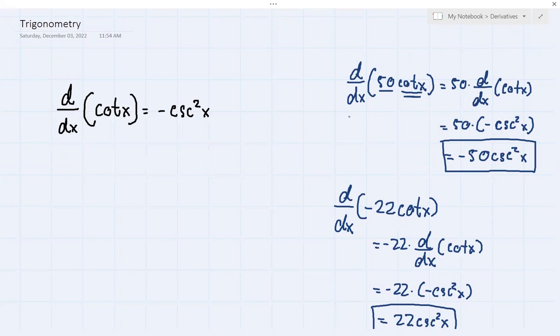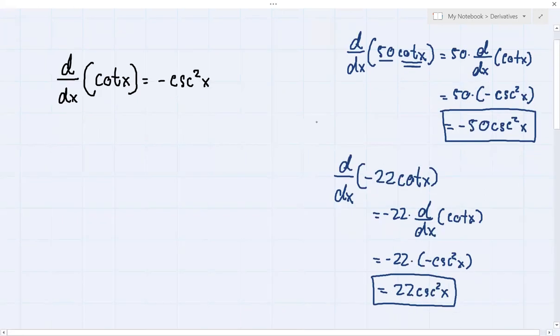Ngayon, sa next video, there will be practices sa paggamit ng sum and difference rule of differentiation. Kumbaga, we're going to combine all of the trigonometric functions that are separated by addition or subtraction. Katulad nito, let's just say we have this one. What is the derivative of sine x minus tangent x?